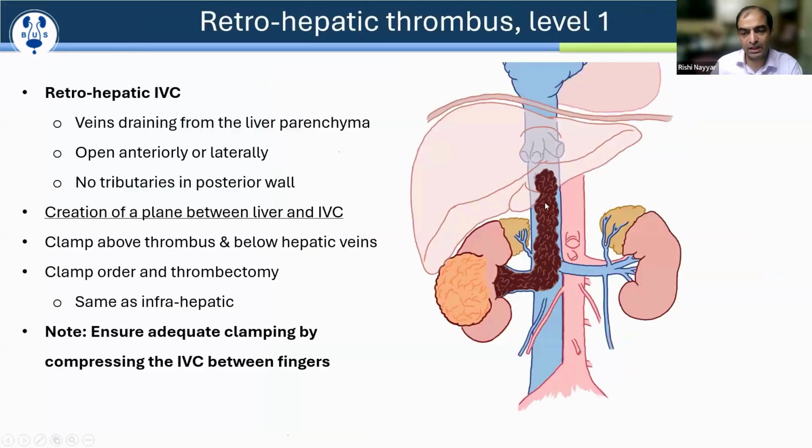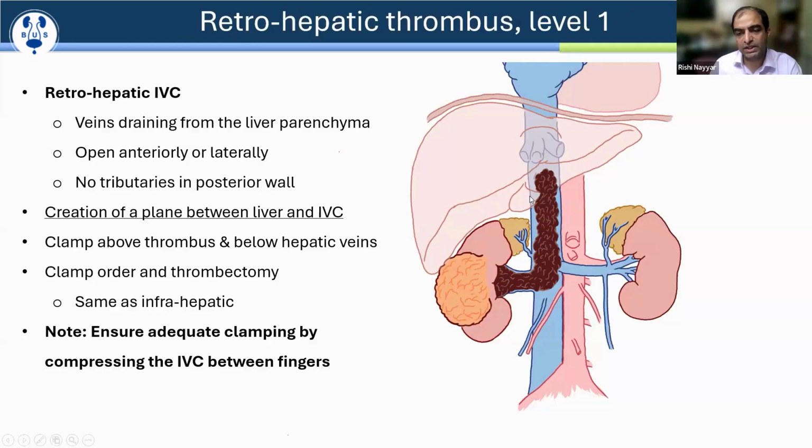Now, retrohepatic IVC, when the thrombus extends above the level of the lower border of the liver, and if the thrombus is just about 1 to 2 centimeters extending in the retrohepatic IVC, what can be done is we can mobilize the IVC from below only, by just identifying the veins which are draining the caudate lobe of the liver here.